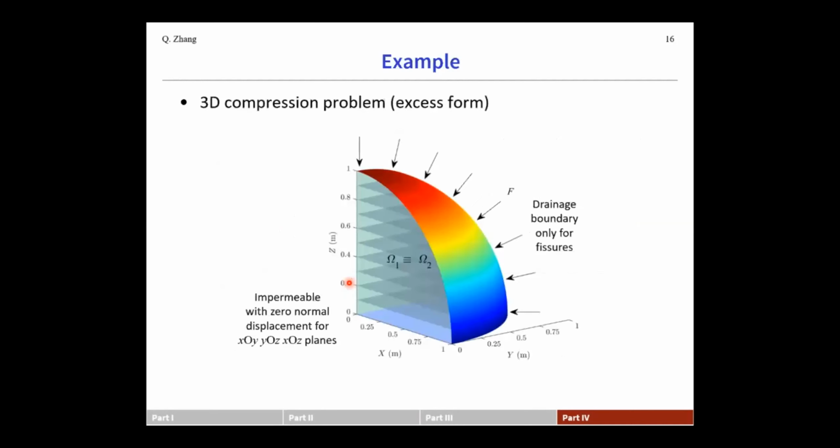So here, I give a typical example, which is a 3D compression problem. We have applied the load on the spherical surface, which will generate the excess pore pressure in this saturated porous medium. And the saturated porous medium is assumed to be transversely isotropic with horizontal bedding planes.